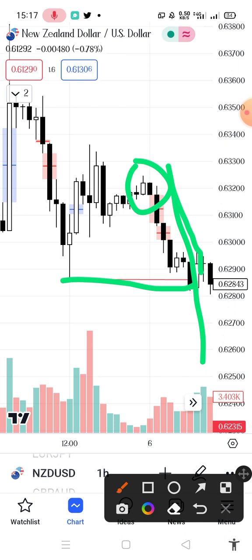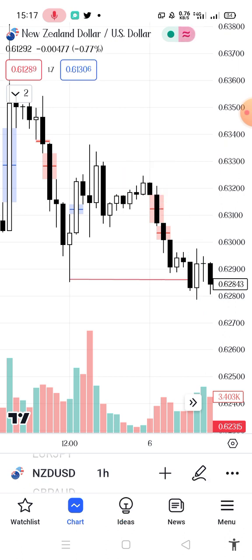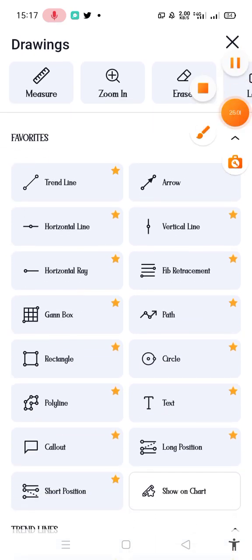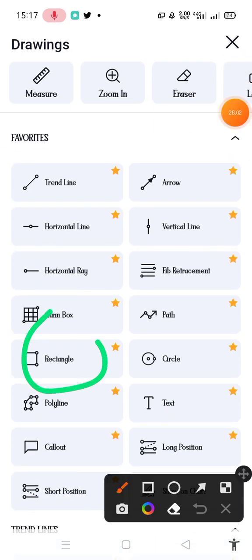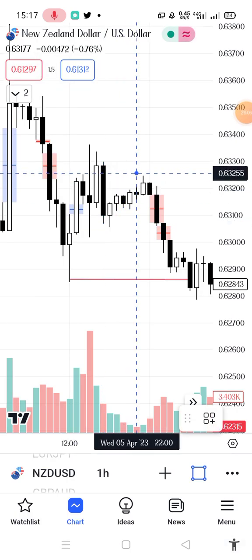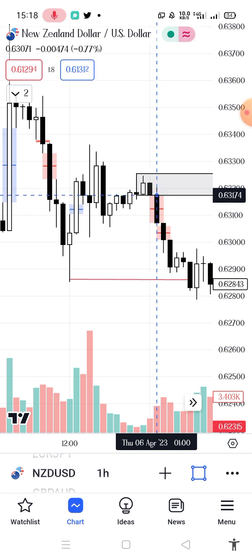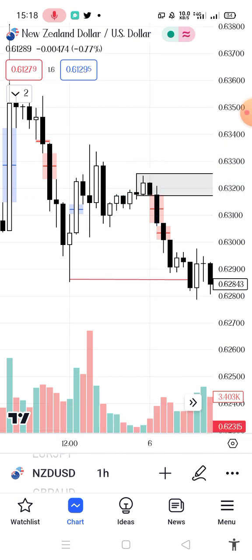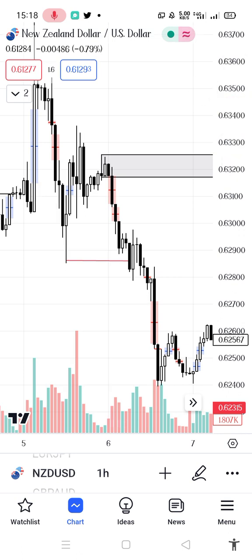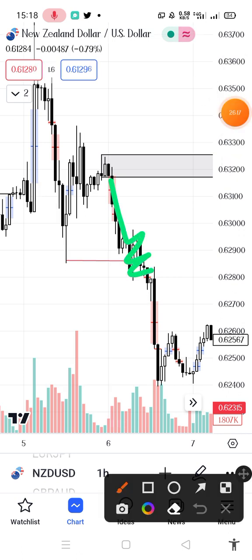All right, so what do you do with an order block? You pick this rectangle here. You make sure you cover the order block like this. Now we are expecting price to come back to this place, tap here and continue selling.